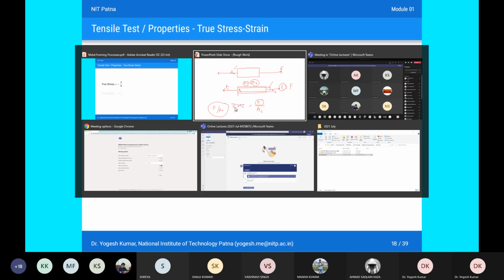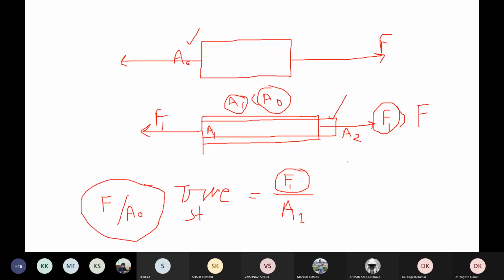Similarly, what about strain? We calculate strain, epsilon, equal to change in length upon original length. This is what we have studied in our previous classes or previous science classes. Suppose initially the length of your test specimen is L0, and after the application of your force F1, the length becomes L1.